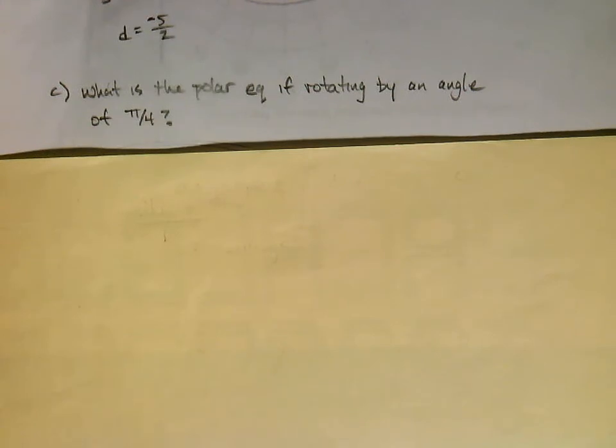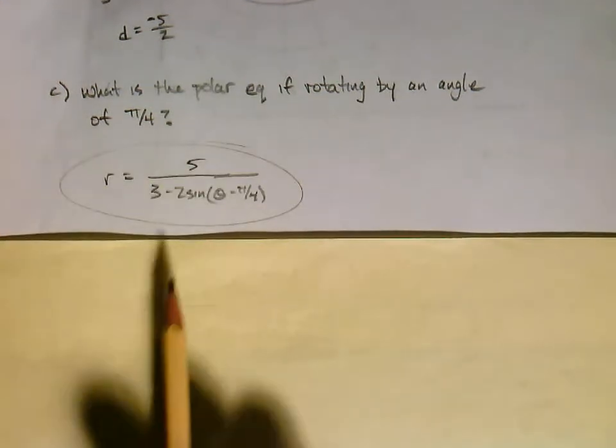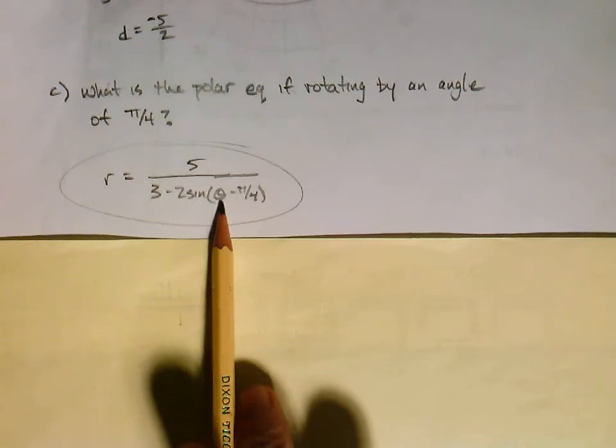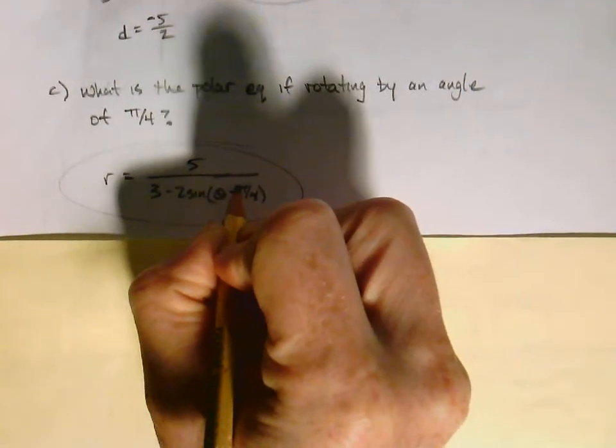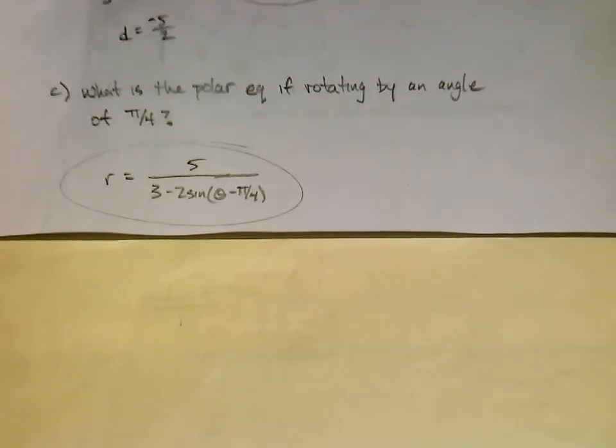It sounds very complicated, but it turns out polar is built to make rotations. This is going to be the easiest thing ever. All you've got to do is exchange theta for theta minus pi over 4. We're doing a shift, right?